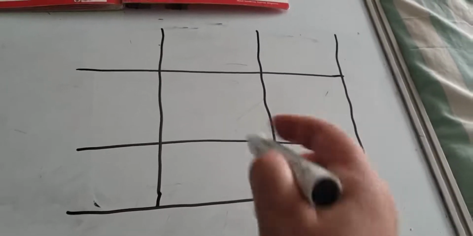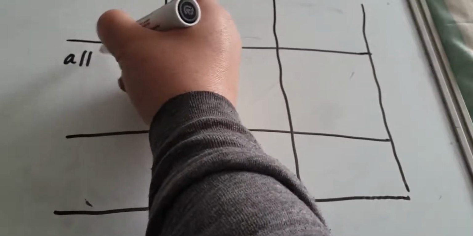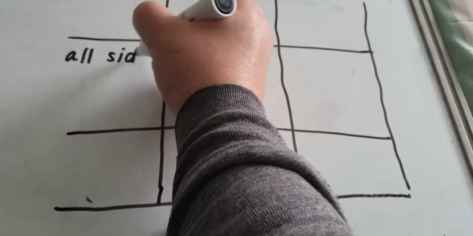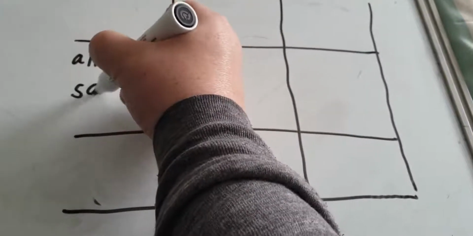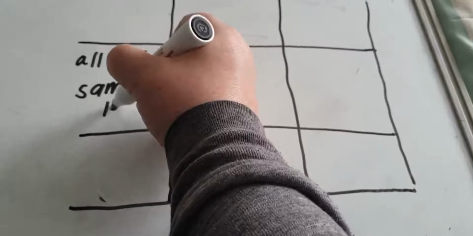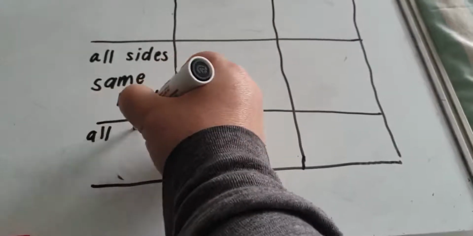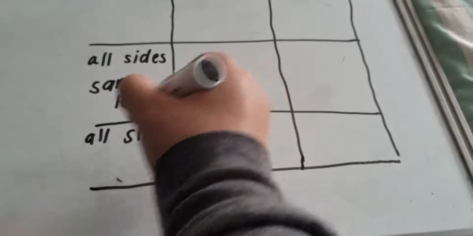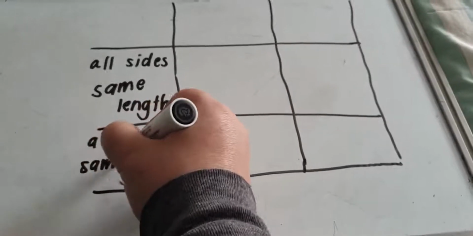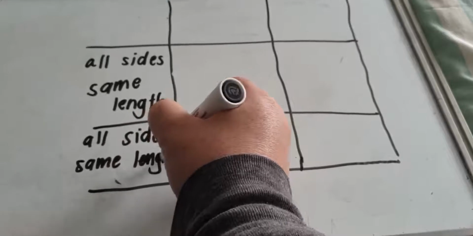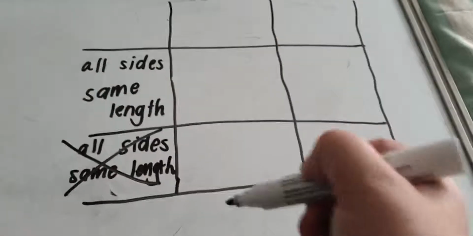So I'm going to write in here, all sides same length. And in here I'm going to write all sides same length, but I'm going to cross that out.